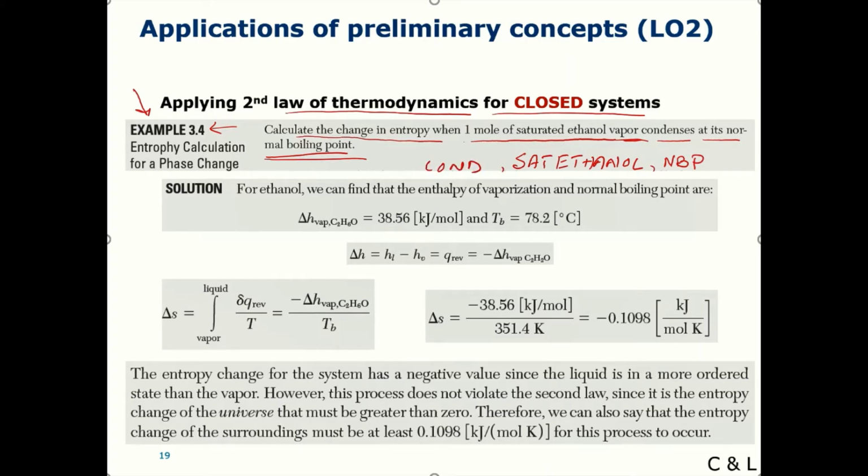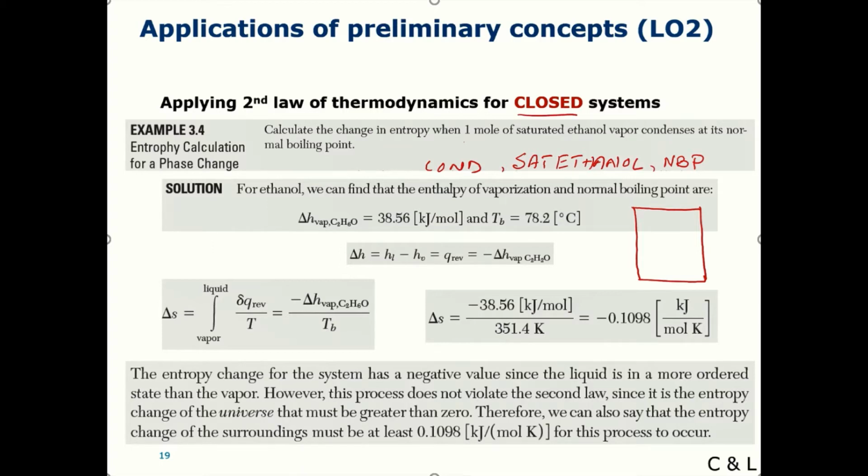So let me draw this picture for you guys so that you can understand this process much better. Let's say we have a process, a closed system. That's why we have a closed system.